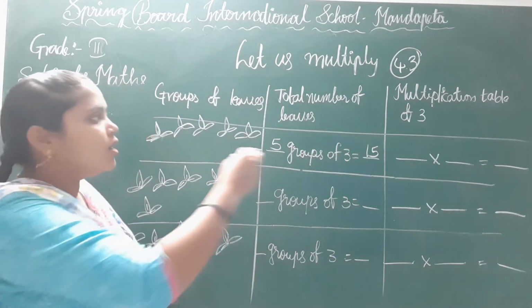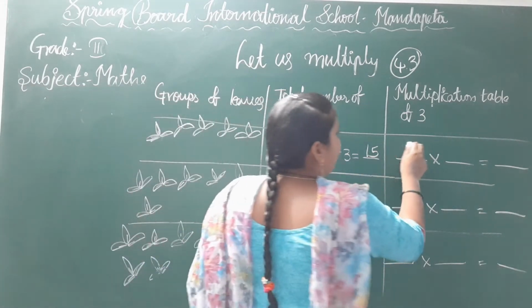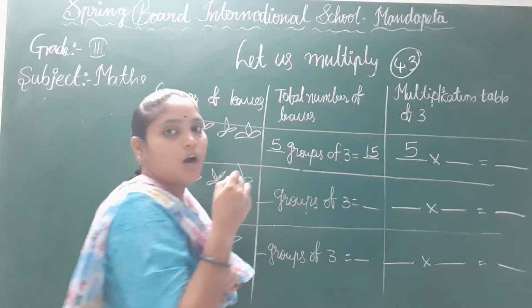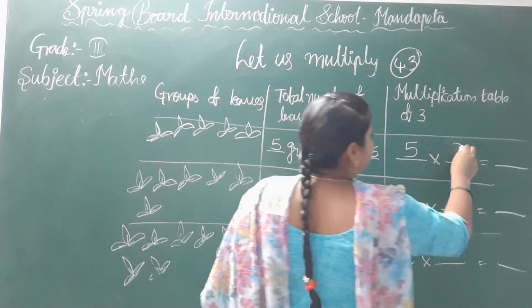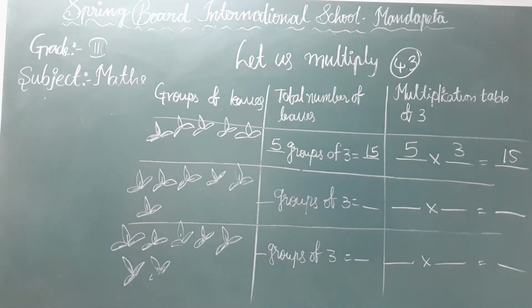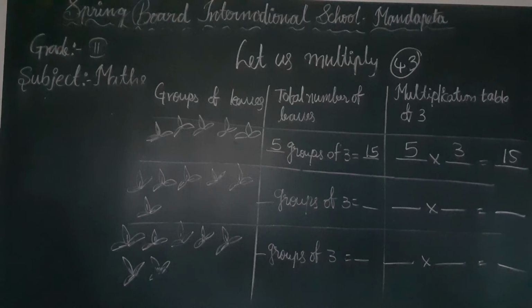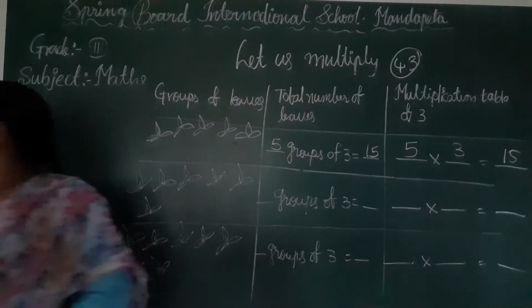Now you have to do the multiplication. Totally how many groups? 5 groups. And how many leaves in each group? 3. 5 3s are 15. Okay children? Totally 5 3s are 15.